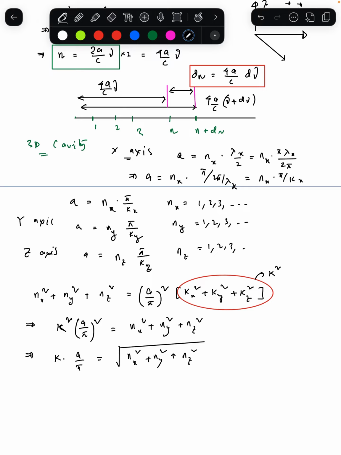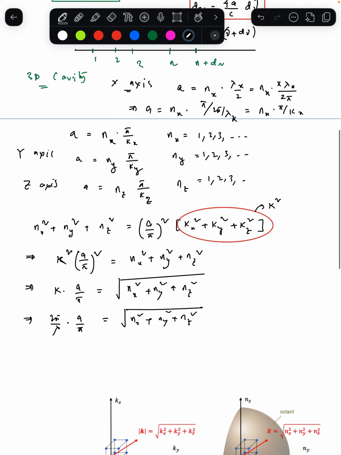Substituting k as 2 pi by lambda, we get 2 pi by lambda equal to a by pi under root of nx square plus ny square plus nz square. Proceeding with this calculation, pi gets cancelled, we get 2a by lambda, and replacing lambda by c by nu, we get 2a by c into nu.